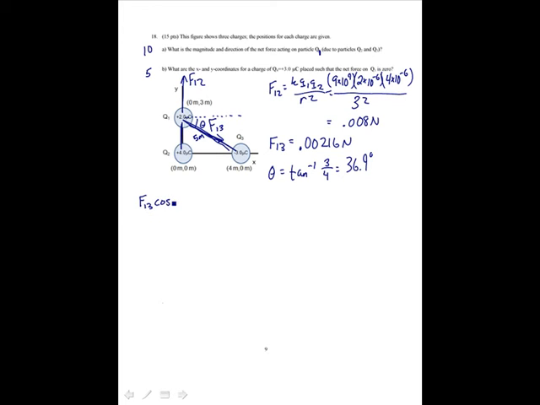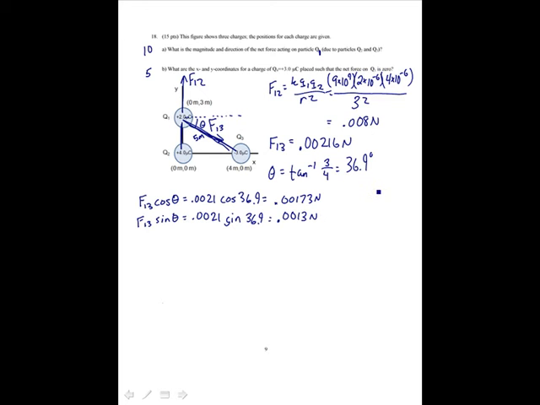F13 cosine theta, that's your x component of that force, and that's equal to 0.0021 times cosine of 36.9, which is equal to 0.00173 newtons. And similarly the y component is times the sine of the angle, and that's equal to 0.0013. So those are my x and y components.